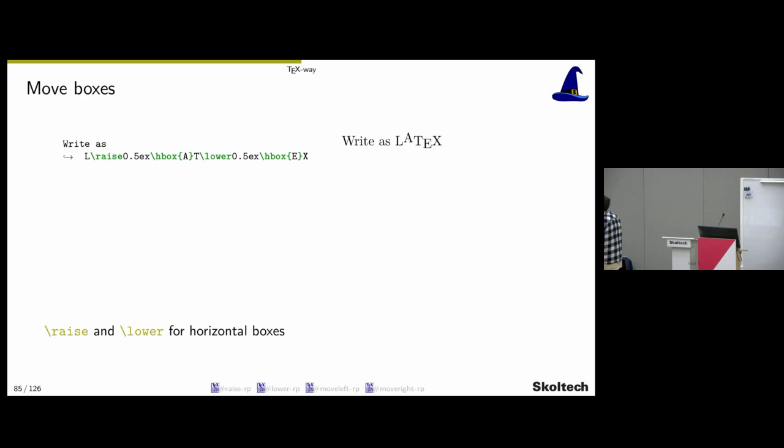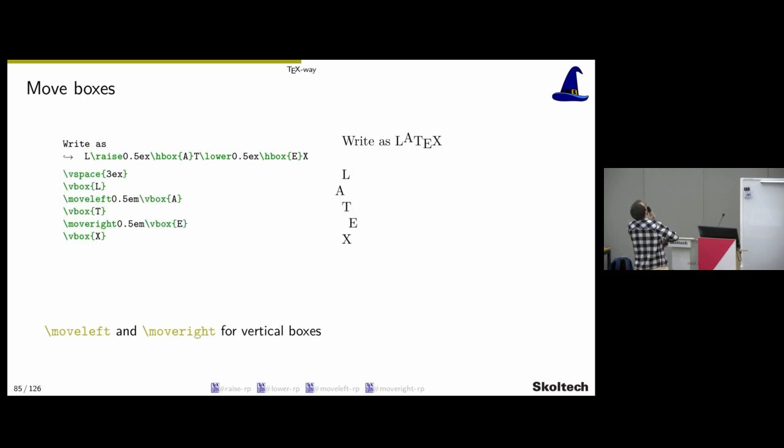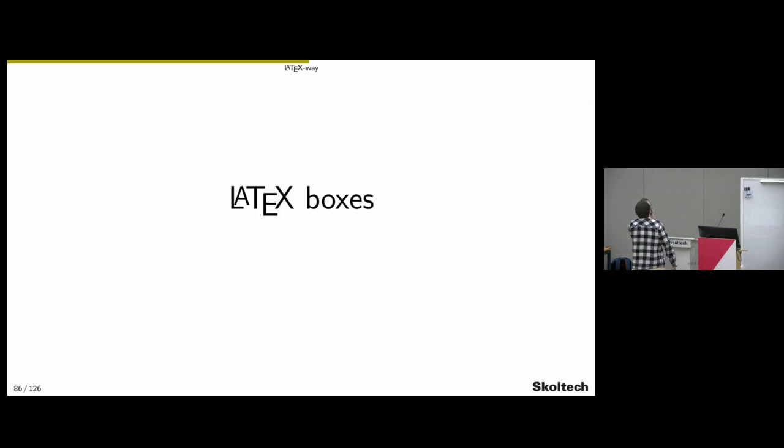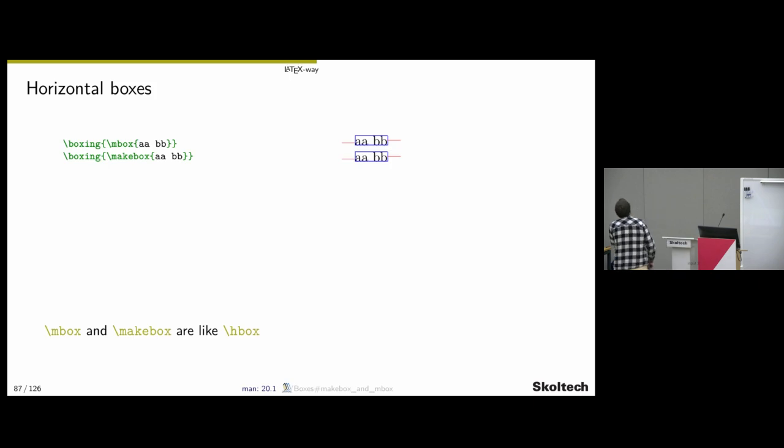You have more boxes in LaTeX. You can create an entire LaTeX style, this stuff with lower and raise, and you can do practically the same for vertical mode. In LaTeX, we have mbox and mboxes.